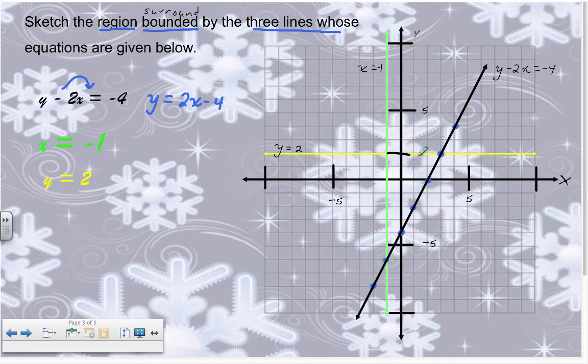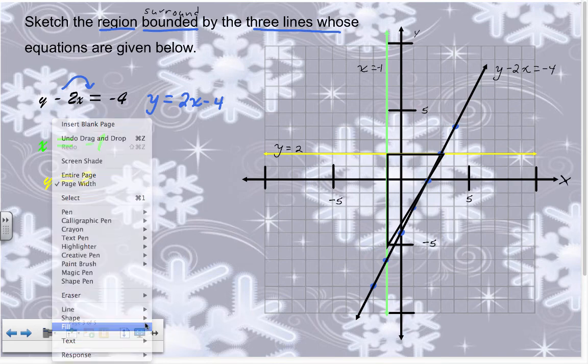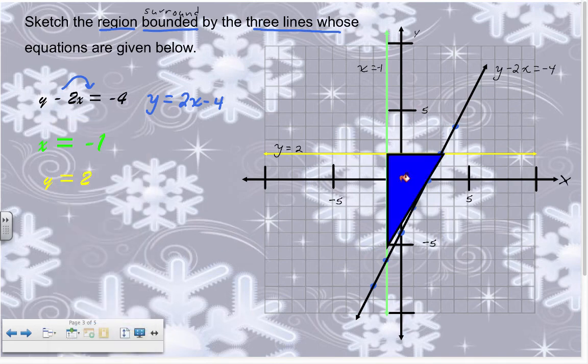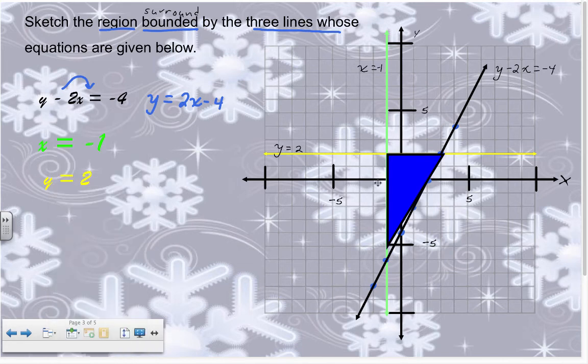This is the area that's bounded, that little triangle in there. So I'm going to take that triangle. I'm also going to fill it so you can see it better. There we go. Now, as close as I could, I didn't fill it all, but that's the area bounded.